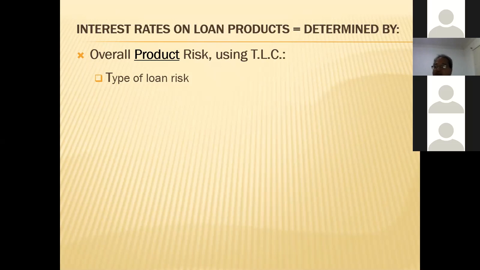So the first thing we consider is the type of loan risk, okay. So what type of loan is it? Okay, is it an overdraft? Is it a consumer loan? Is it a mortgage loan? And what is the risk associated with it?